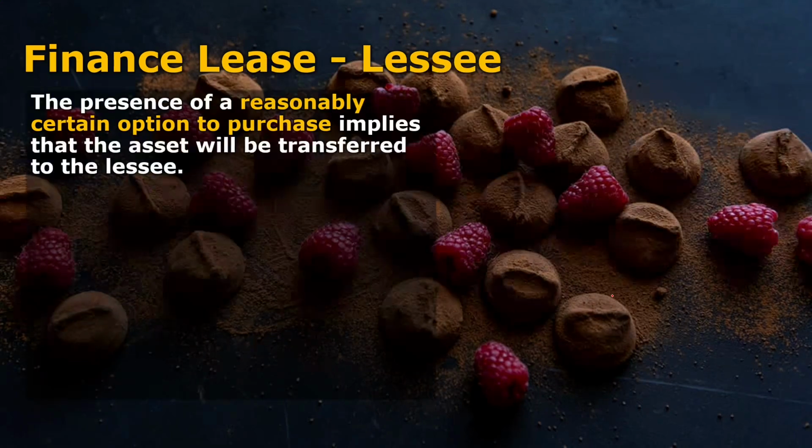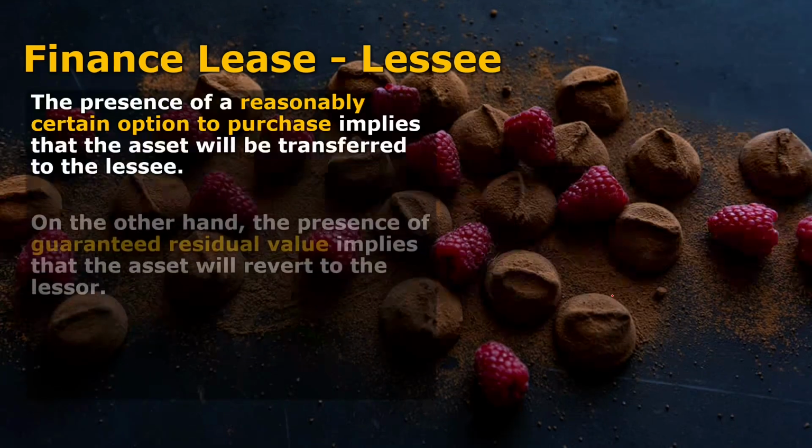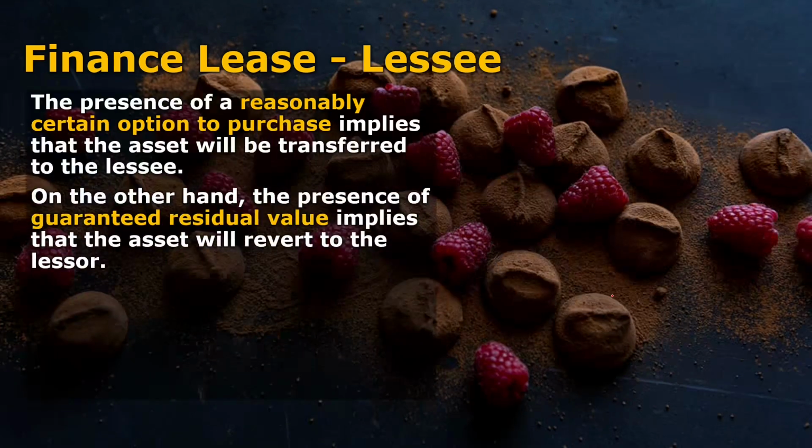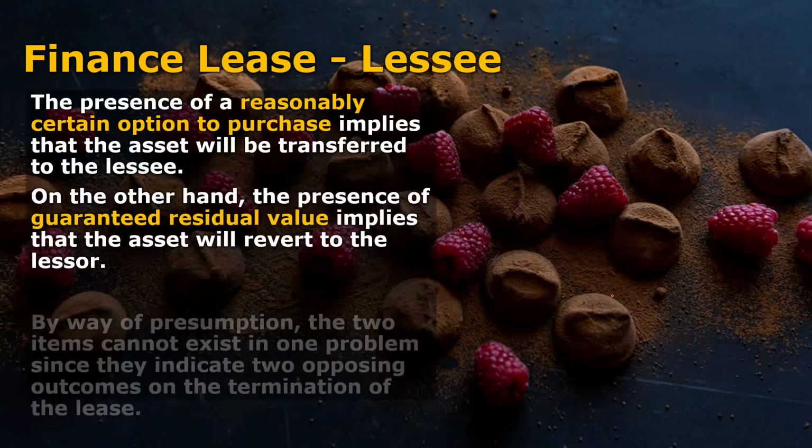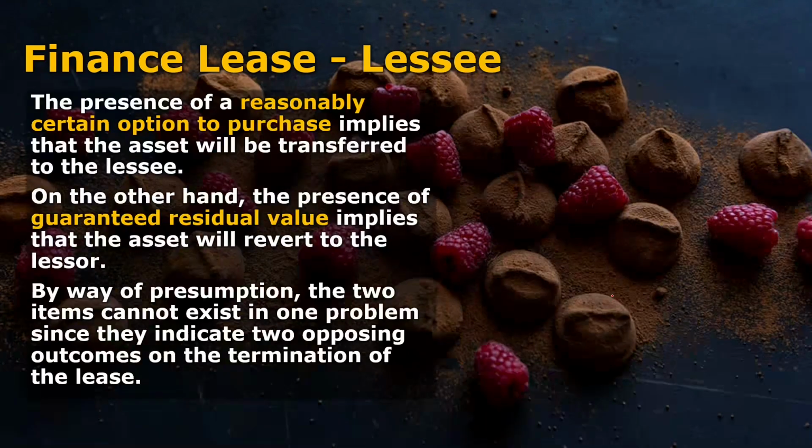Purchase option and guaranteed residual value. Side by side. The presence of a reasonably certain purchase option implies that the asset will be transferred to the lessee. On the other hand, the presence of a guaranteed residual value implies that the asset will revert to the lessor. By way of presumption, the two items cannot exist in one problem since they indicate two opposing outcomes on the termination of the lease.